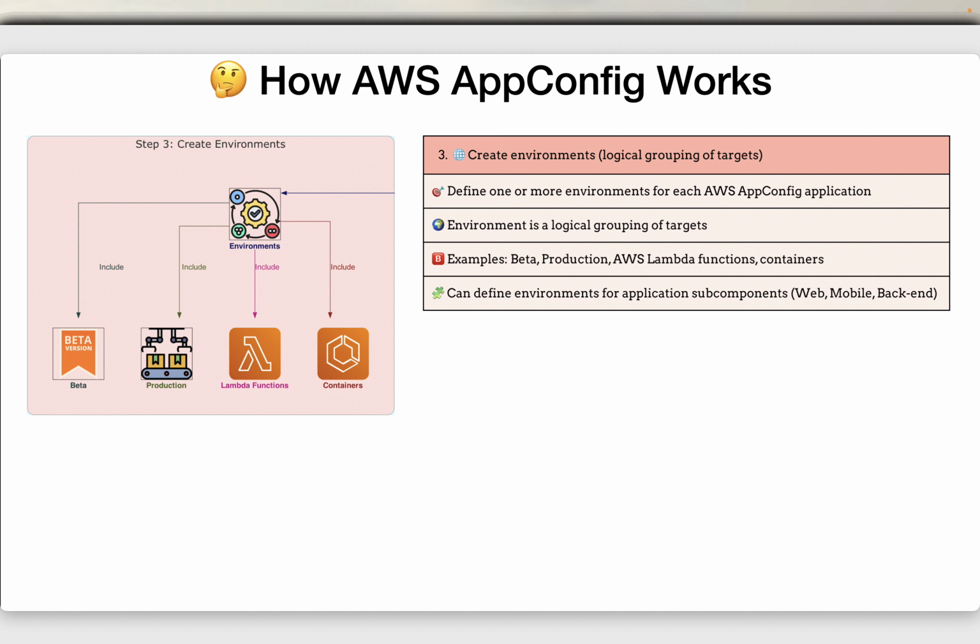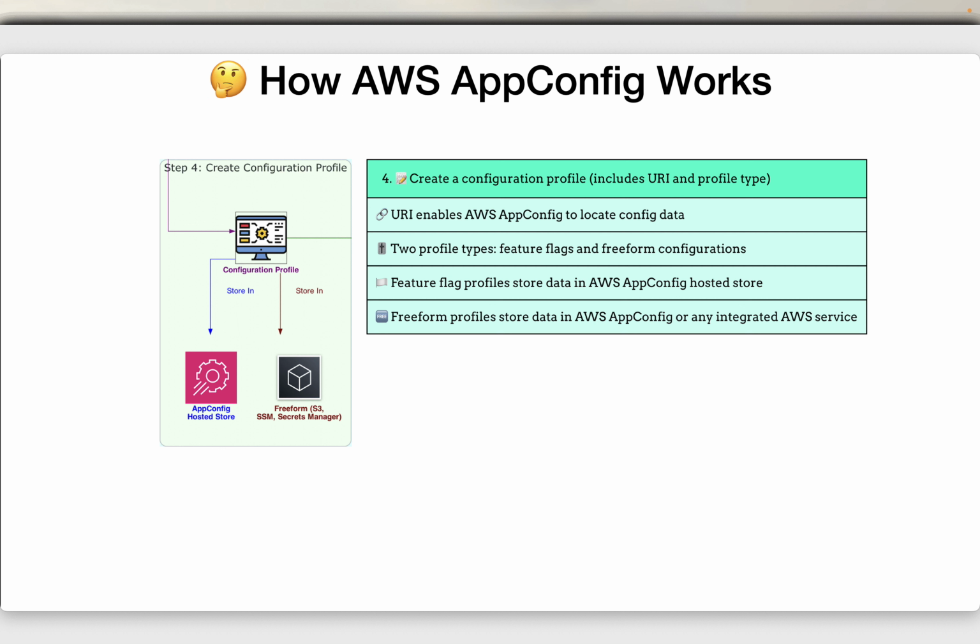For each AWS AppConfig application, you define one or more environments. An environment is a logical grouping of targets such as applications in beta or production environment, AWS Lambda functions or containers. You can also define environments for application subcomponents such as the web, mobile, and backend.